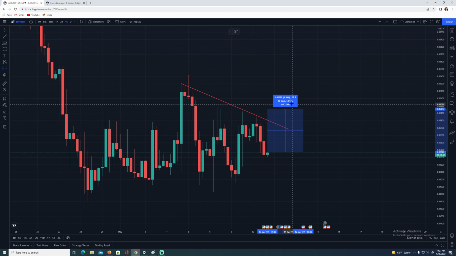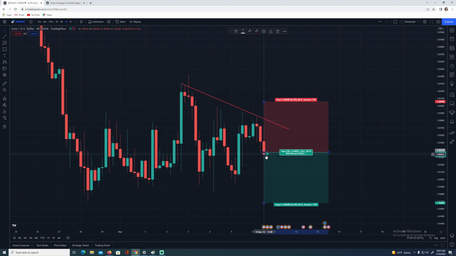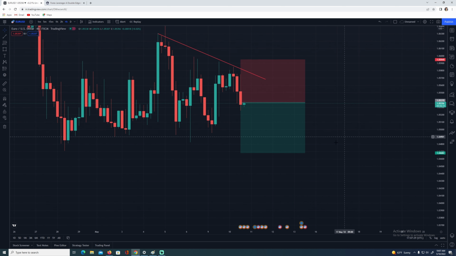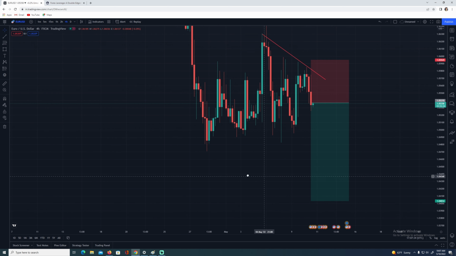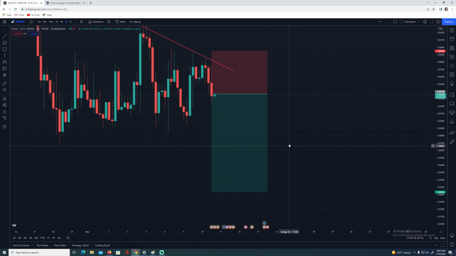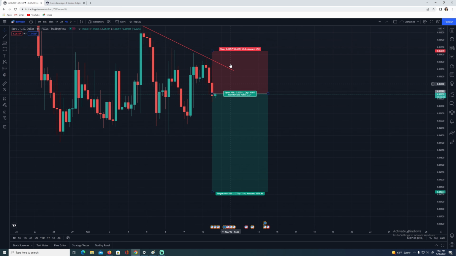Now you know your risk is almost 59 pips, so you can count 59 with the spread. So you will enter right there and put your stop loss right here, and you can take this trade to whatever structural points you have to the downside. But now you have your risk defined.